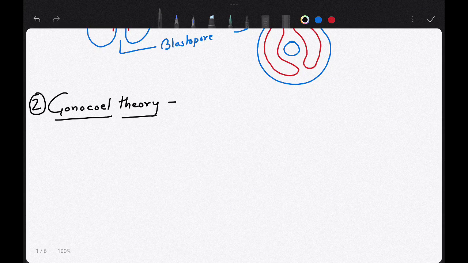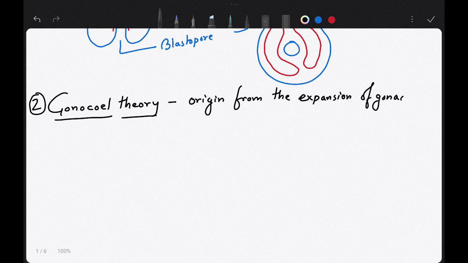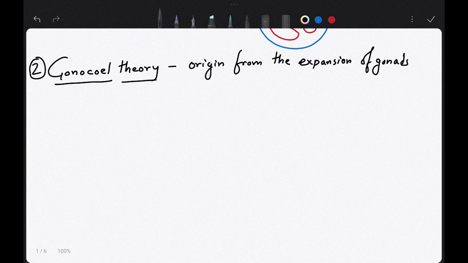According to this theory, the coelom developed from gonads. Okay, origin from the expansion of gonads. Understood?